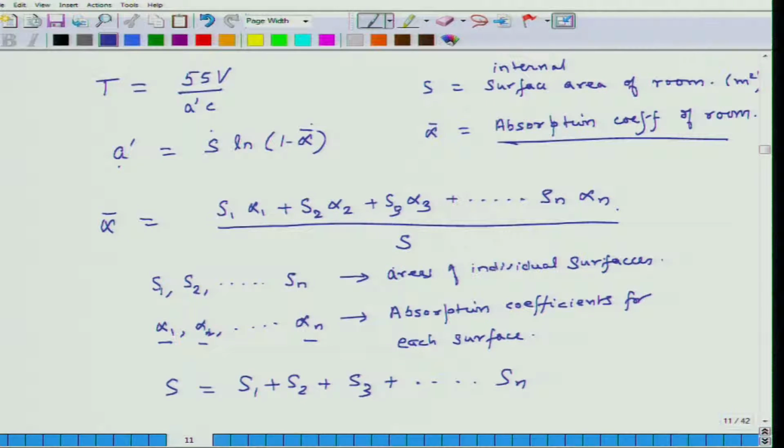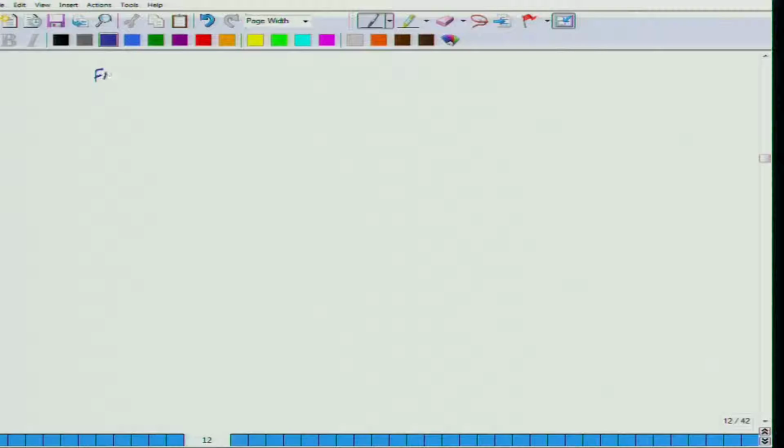So I can very easily find out S1, S2 till Sn, and I can calculate S. The only thing we are missing now is, how do I know what the alphas are? If I know alphas, then I can calculate this A prime, and from A prime I can calculate the reverb time. So this you do not calculate, you find it. Alpha i for the ith surface. And what do you do?